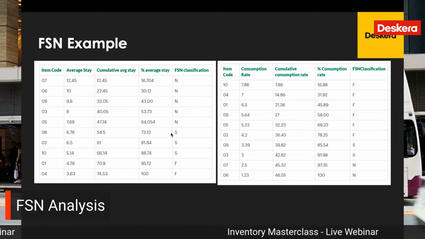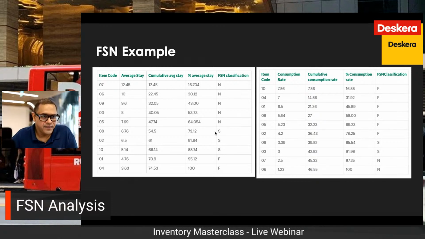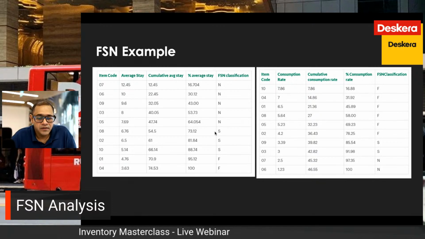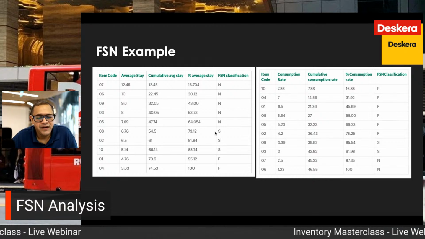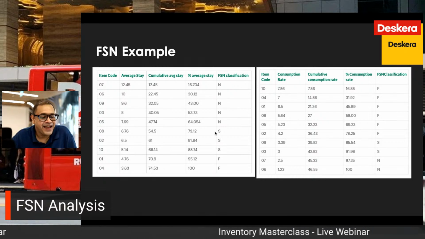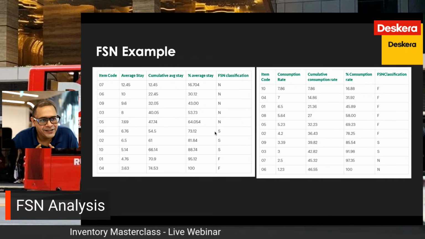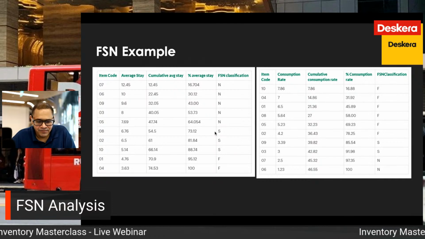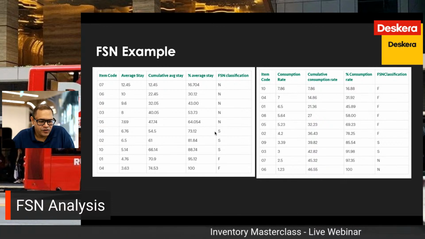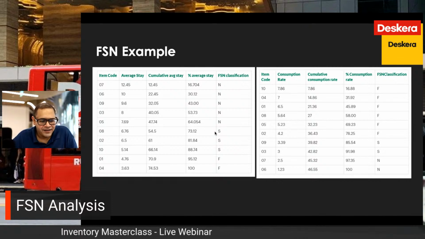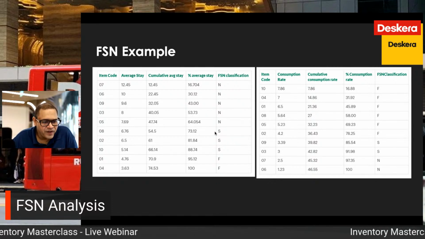Typically, they would correlate, but it is not always necessary, right? You can have items that are getting consumed at a faster rate than an item that is staying for a smaller time. I mean, just look at this list, right? So 0, 1 and 0, 4. So item code 0, 1 and 0, 4 are the fastest moving based on stay.